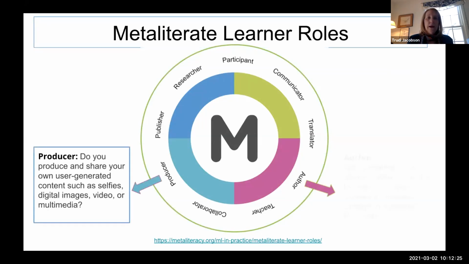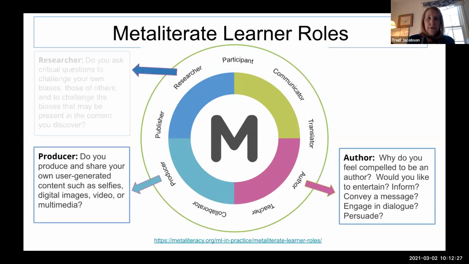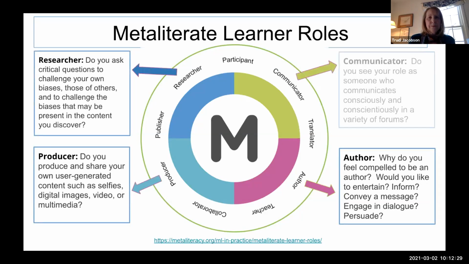Okay. And then there are the learner roles. Here there are these individual roles and some additional information and questions about some of them. Although these are individual roles, they very much overlap in clusters. Julian and I were talking about this, and he mentioned that seeing them as individual roles can be a little confusing.